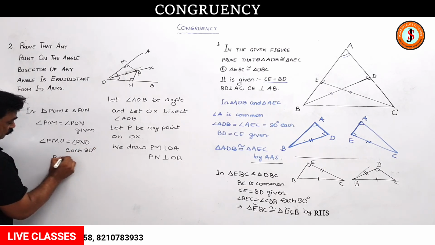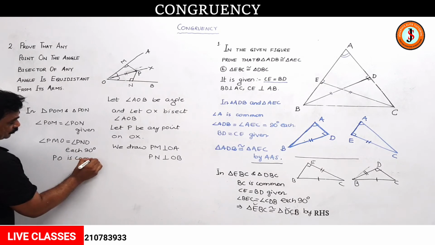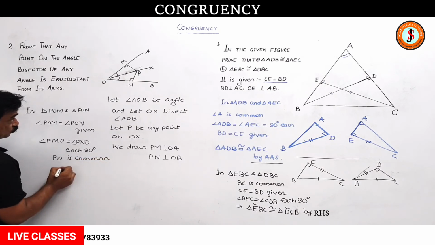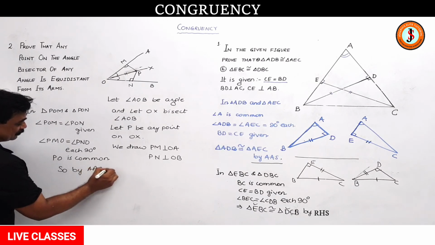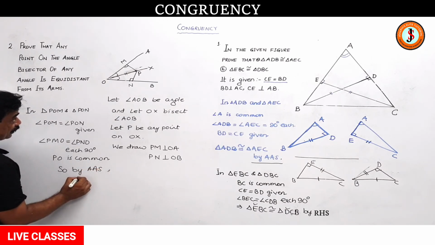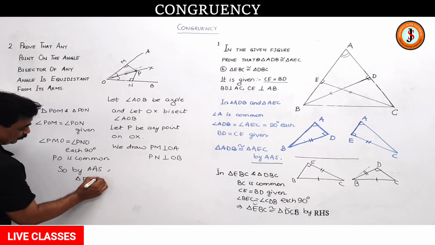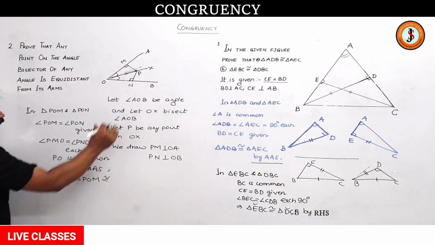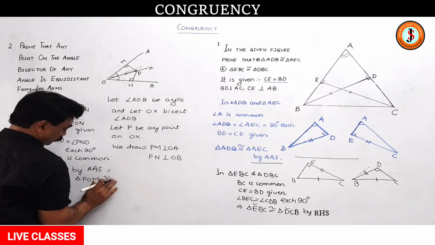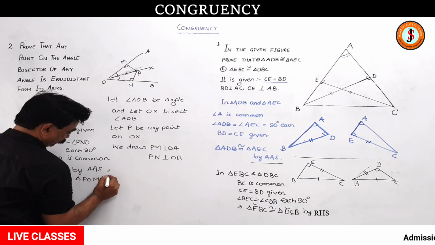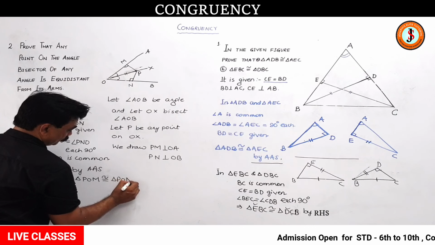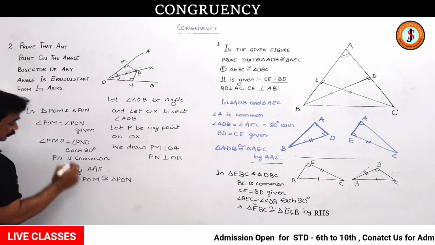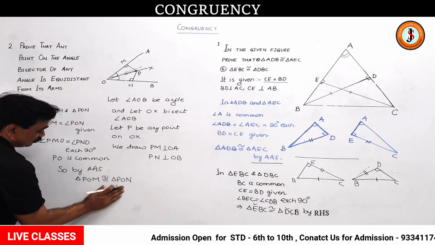And PO is common. So by AAS, triangle POM is congruent to triangle PON.